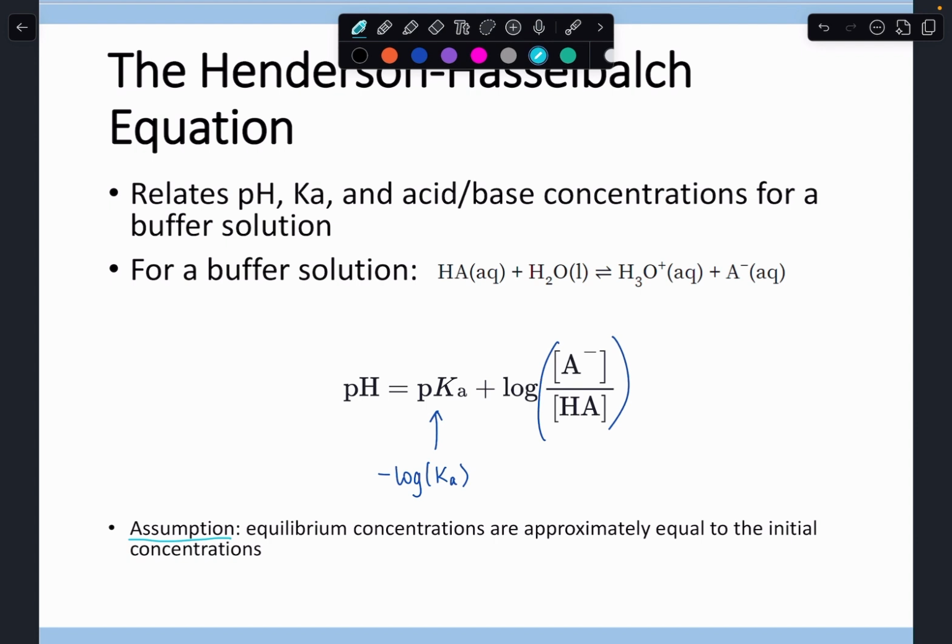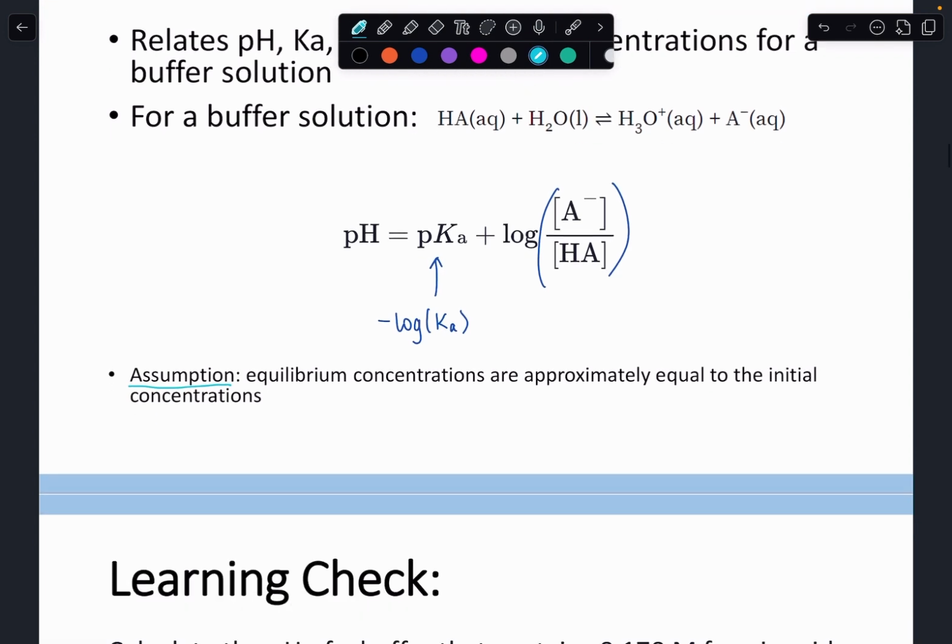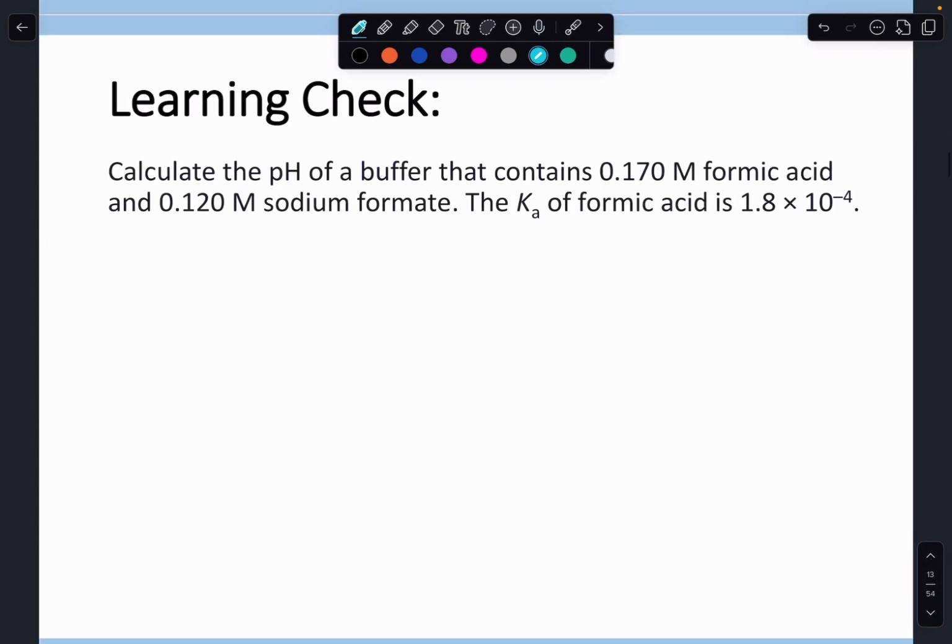So let's do this learning check. It reads very similar to the one where we did the ice table, but now we know we don't need to do the ice table. It says calculate the pH of a buffer that contains 0.170 molar formic acid and 0.120 molar sodium formate. And then we have the Ka of formic acid. We might not know the formulas for formic acid or sodium formate.